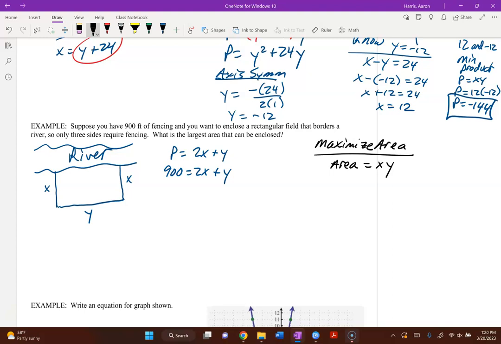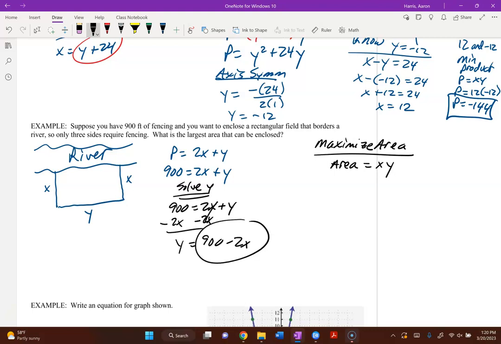So we're just going to solve that for Y. 900 equals 2x plus y, and then we'll substitute it into the other side. So we'll solve for y. Y equals 900 minus 2x. So this is going to go in for y right there.